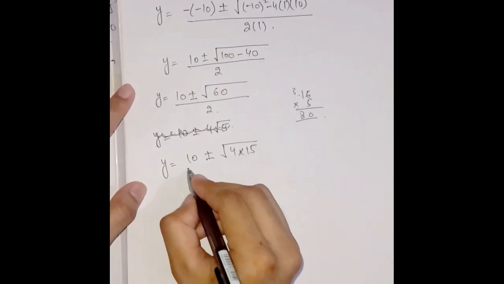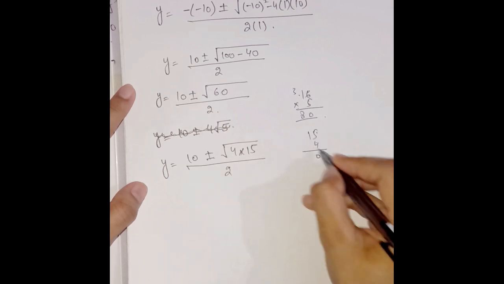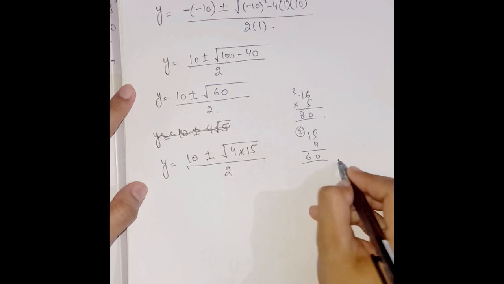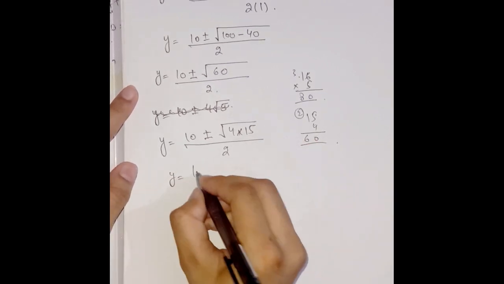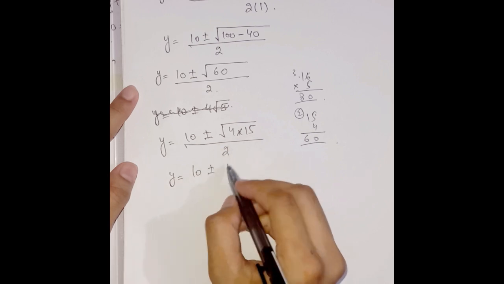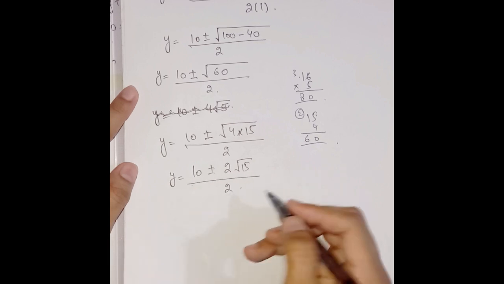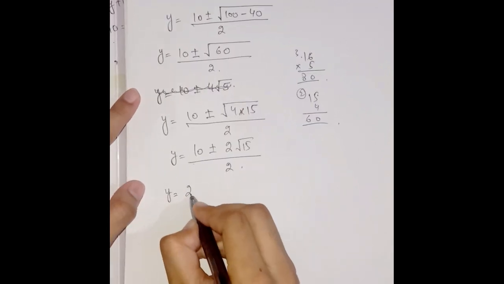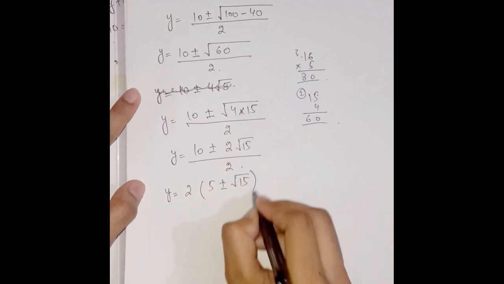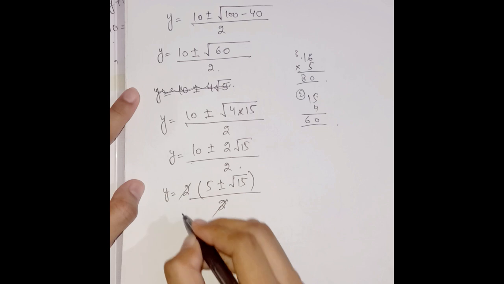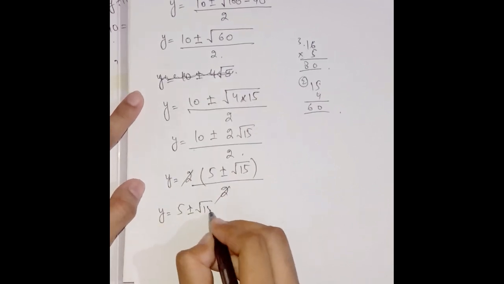It's 4 times 15 divided by 2, because you can see 15 times 4 is 60. This is the correct one. So y is equal to 10 plus minus 4 times 15, which comes out to be 2 square root of 15, divided by 2. I'm going to take 2 as common on top. That will be 2 times 5 is 10 plus minus square root of 15 divided by 2. This will cancel out, and y is equal to 5 plus minus square root of 15.